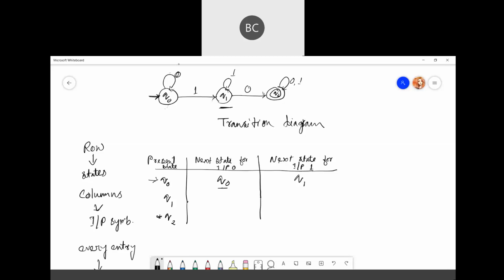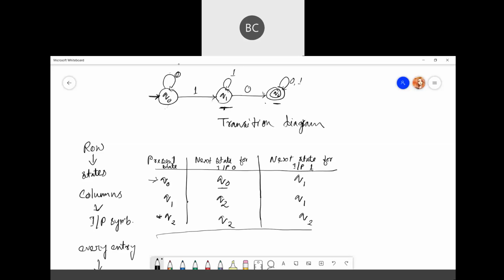From Q0, after reading input symbol 1, you reach Q1. Next, you move to Q1. From Q1, after reading 0, you move to Q2. From Q1, after reading input symbol 1, it stays in the same state, Q1. And from Q2, for both 0 and 1, the next state is Q2 itself.